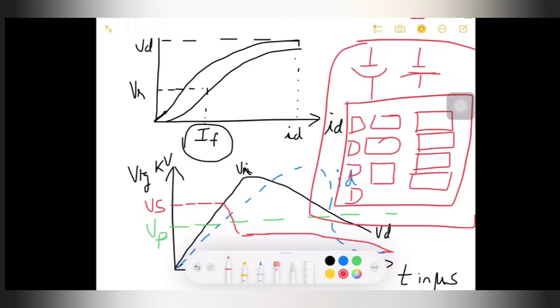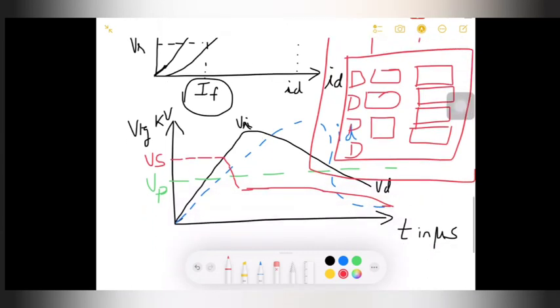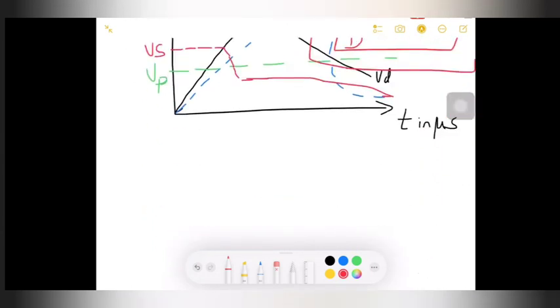In the VI characteristics, the resistance element is given by ID, which is nothing but your discharge current ID, given by the equation K into V to the power of A. Here ID is the discharge current, V is the applied voltage across that element, the voltage you are applying to the surge arrestor, and K and A are constants depending upon the material and dimensions of the element.